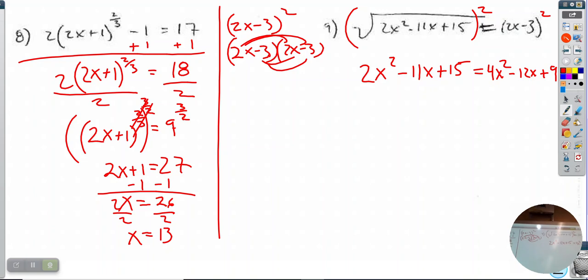All right. So now we can combine the similar terms. Actually, you know what I'm going to do? I really want the quadratic term to be positive, so I'm just going to subtract this whole piece over to the other side.